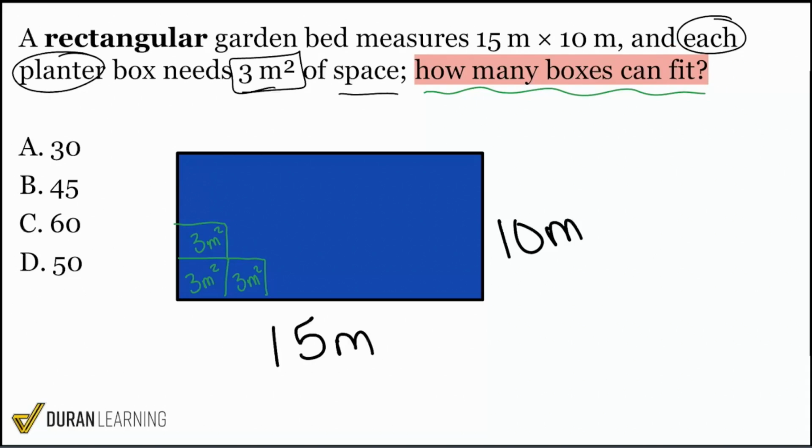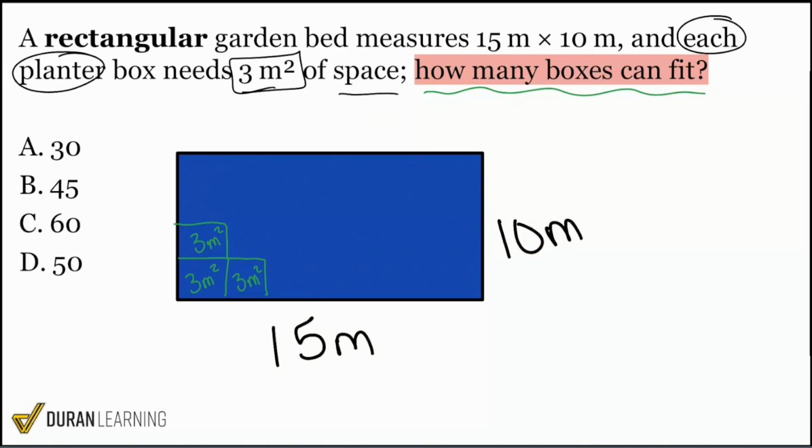Remember, everybody, when we're asking ourselves how many of one value can fit into another value, what operation are we thinking of? Yeah, we're thinking of division. That's right. Whenever we ask, hey, how many times can this fit into this bigger number, this bigger value? That is going to be division every single time.